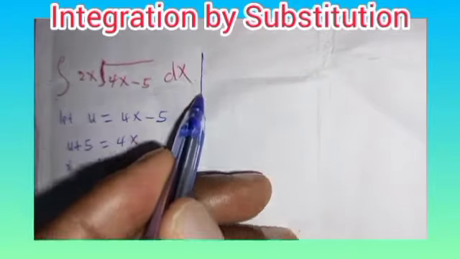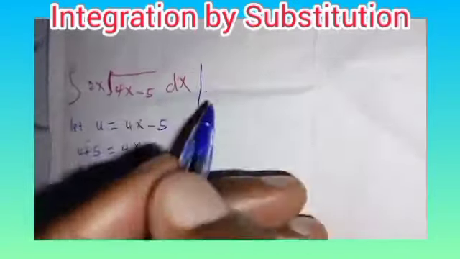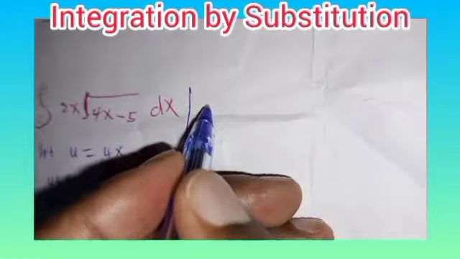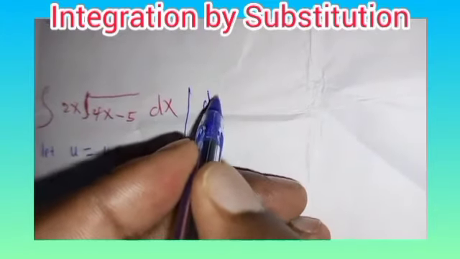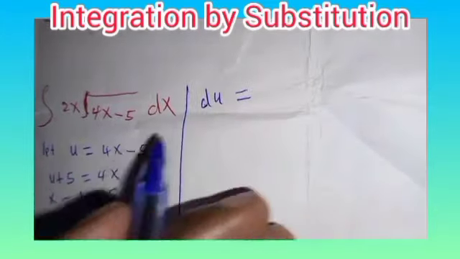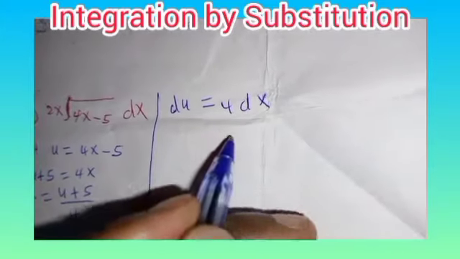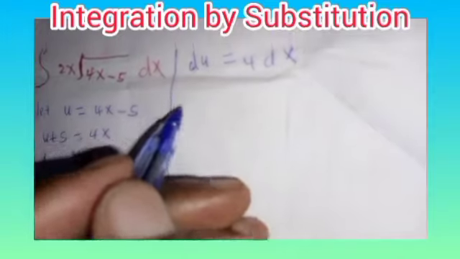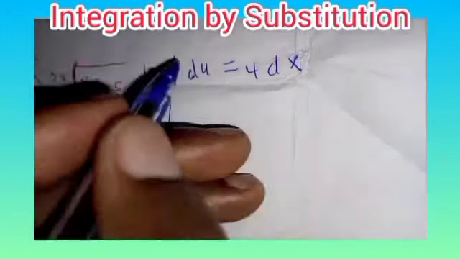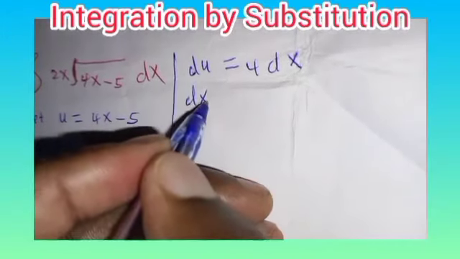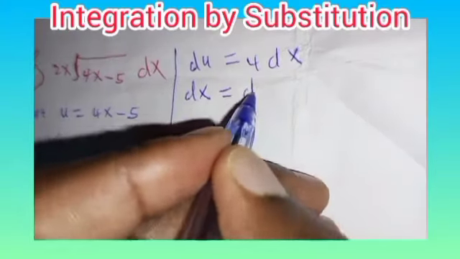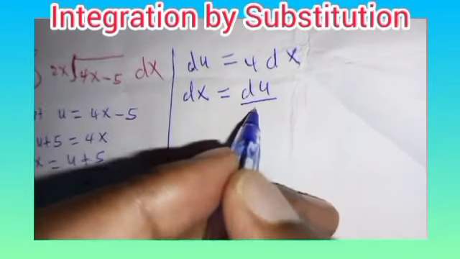Then we need now to obtain du. du is equal to 4 dx, meaning that our dx is equal to du over 4.